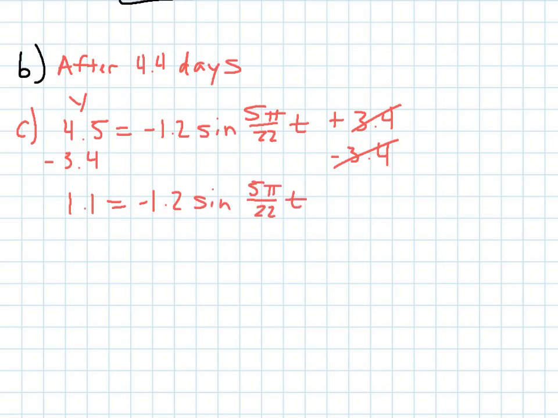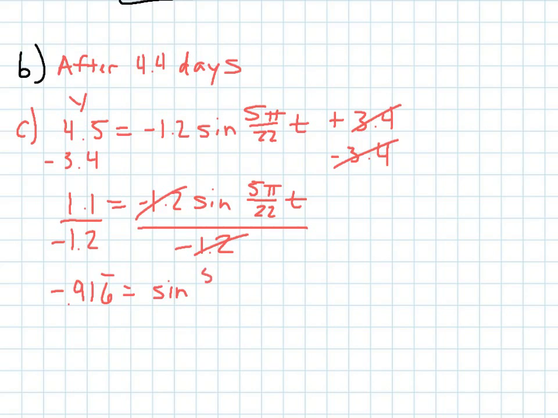Now here, the next step would be dividing both sides by the negative 1.2. That gives me negative 0.916 repeating. Leave that in your calculator so you can get an exact value here.